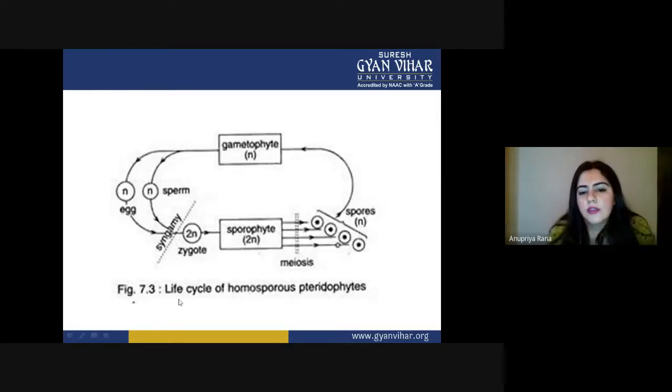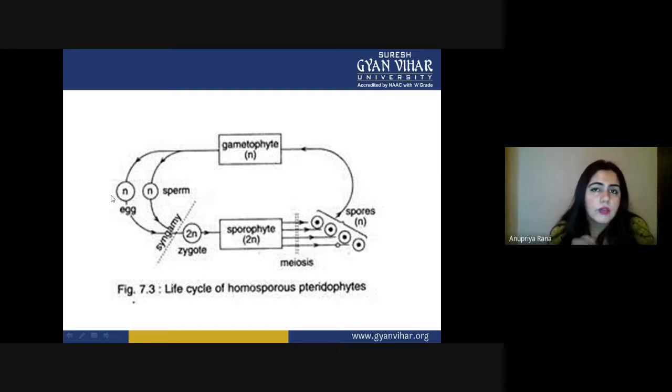So this is the life cycle of homosporous pteridophytes. This is the sporophyte stage. Here everything begins. They have meiosis inside them. Meiosis is a reduction division, and they produce spores. These spores are similar in the case of homosporous. They go into the gametophytic stage, and these same spores behave like the antheridium in the case of male gametes and the archegonium.